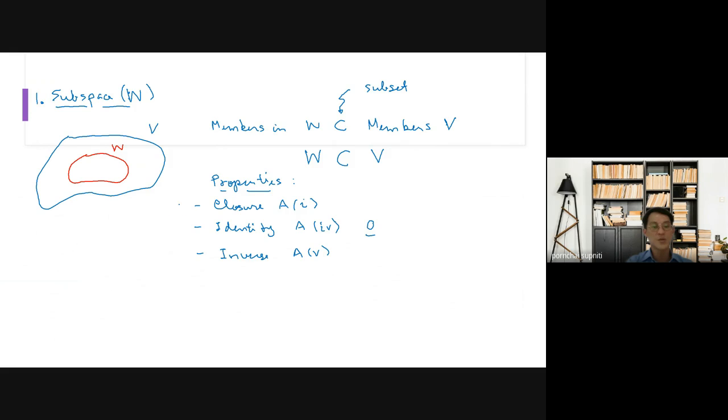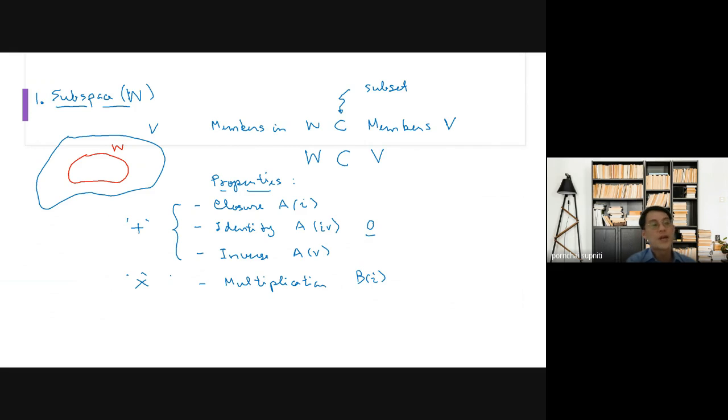So these are related to the addition. And the last property for the subspace is multiplication, and I think it's related to B1 last time. And as you saw from last time, the properties for addition or multiplication depend on what you define.